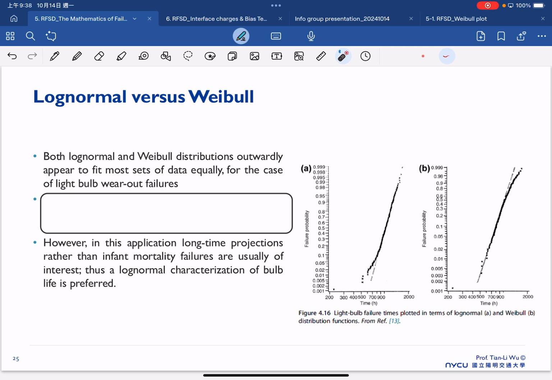So if you look at this, this is one of the examples. These dots are the raw data. If we try to fit with the log normal and Weibull distributions, the left-hand side is the log normal distribution, and the right-hand side is the Weibull distribution.